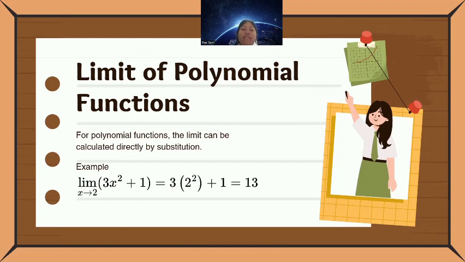For example, the limit as x approaches 2 of 3x squared plus 1. We simply substitute 2 into the expression: 3 times 2 squared plus 1 equals 13. So the answer is 13.